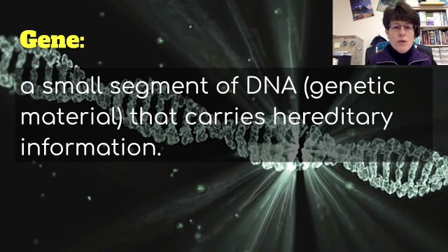Now, the genetic material contained in the egg and the sperm cell, the gametes, includes things called genes. These are small segments of DNA, genetic material, that carry hereditary information. So, all of the characteristics that make up something are coded for by genes, and the genes have information to make all of the materials that make up you.